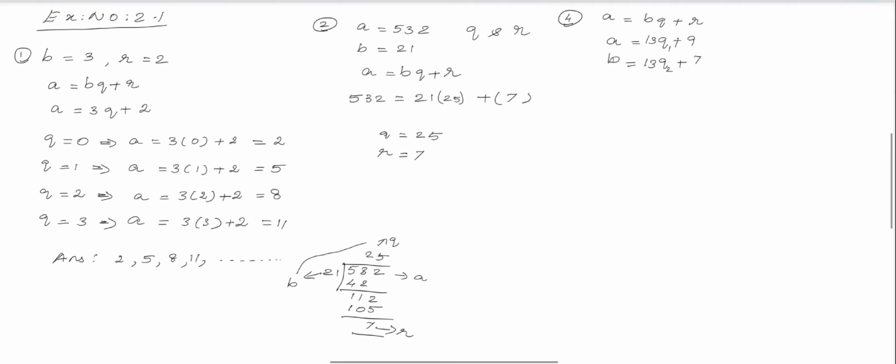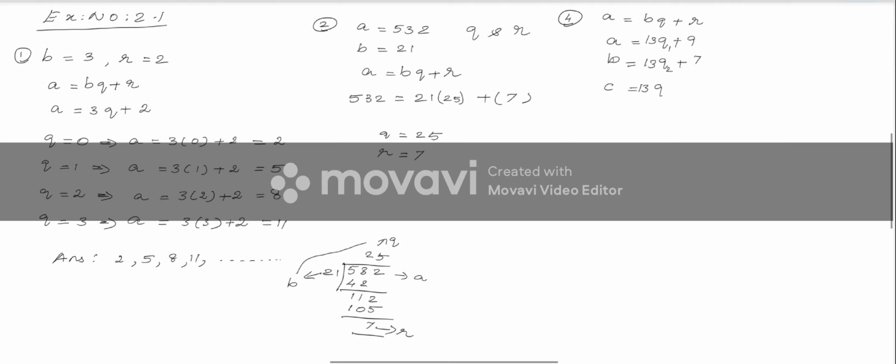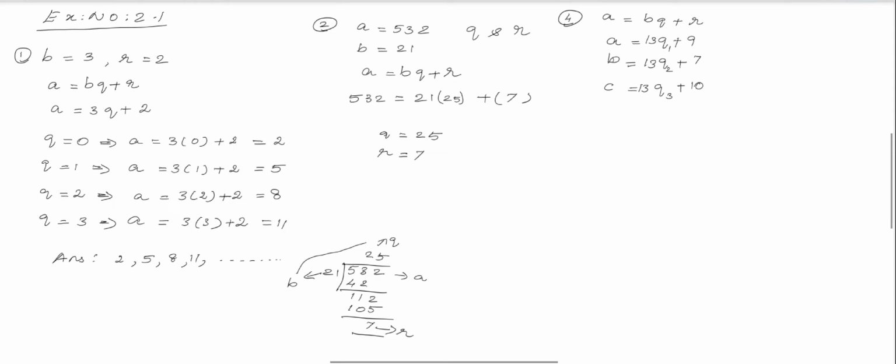And next, your integer, your dividend, it is C and your divisor is 13. Your quotient is Q3 and your remainder is R3 and that is 10. Right, this is what is given.